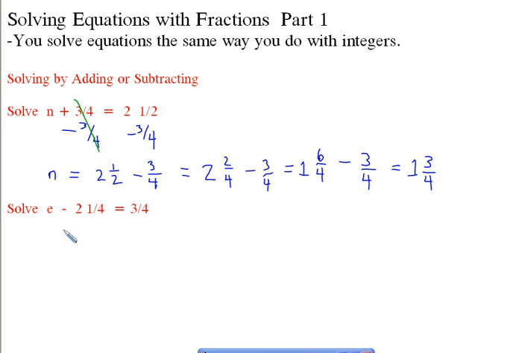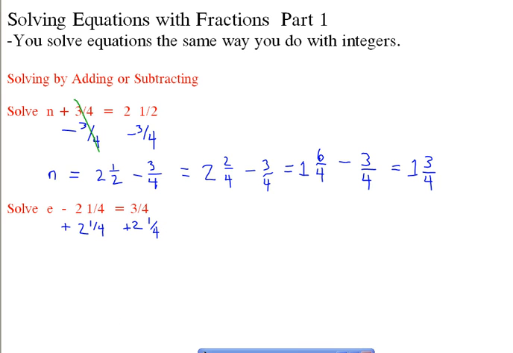Now, same sort of problem here. All we're doing here is e minus 2 1/4 is equal to 3/4. So we're just going to do the exact same method here. Plus 2 1/4 and plus 2 1/4.